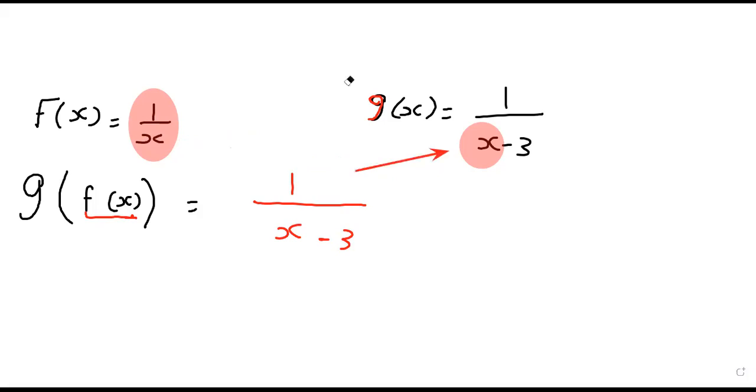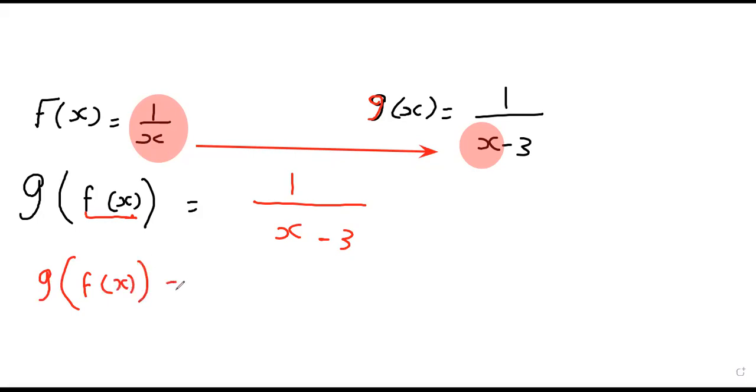I'm going to put the value of f of x, which is 1 over x, in that function g of x. So g of f of x is going to be 1 over, and instead of this x, I'm going to write 1 over x.